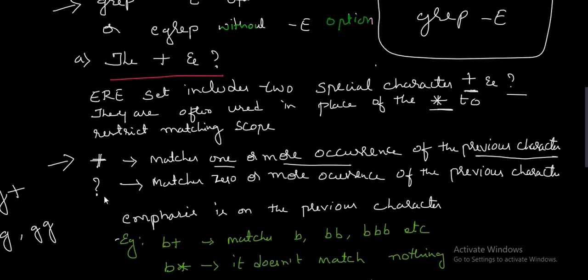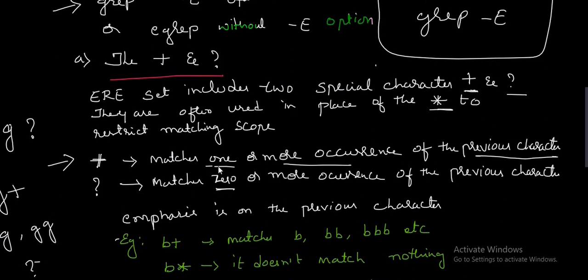Then question mark matches zero or one occurrence of the previous character. That is the difference: the character may not occur at all and it is still going to get selected. For example, with G question mark, even if G is not there, that particular pattern is going to be selected, and if G is there, the pattern is also selected.